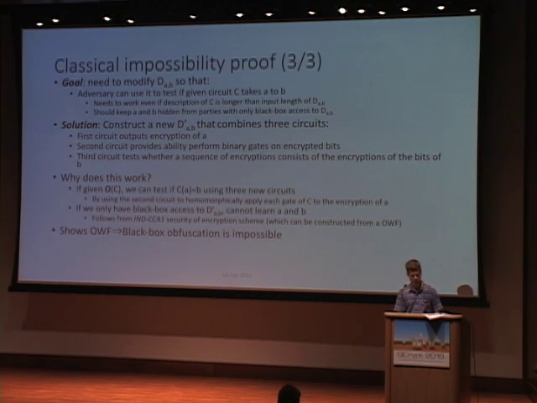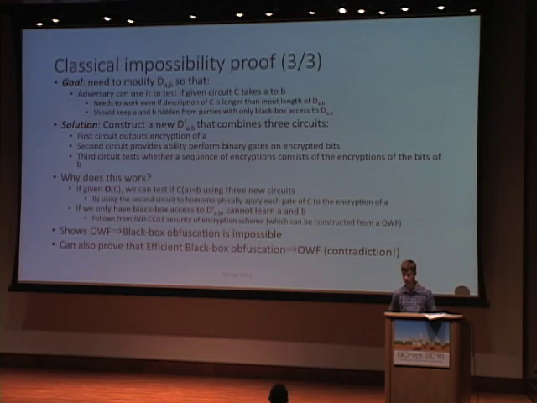Technically speaking, to get such an encryption scheme, you need a one-way function. So this shows that one-way functions imply that black box obfuscation is impossible. Separately, we can also prove that efficient black box obfuscation implies one-way functions. So that shows that efficient black box obfuscation is impossible.